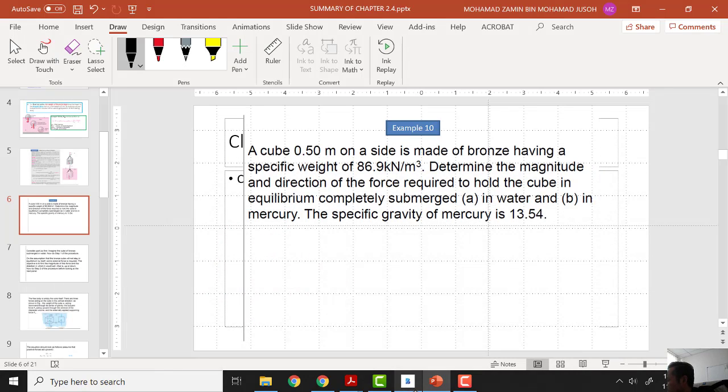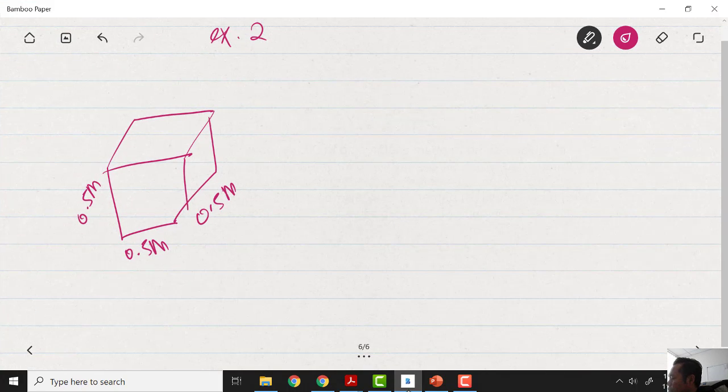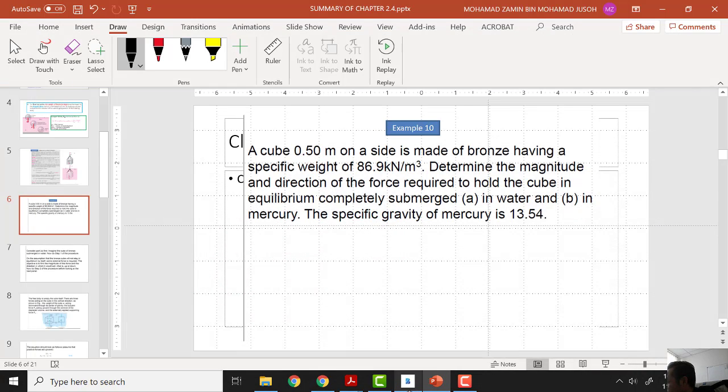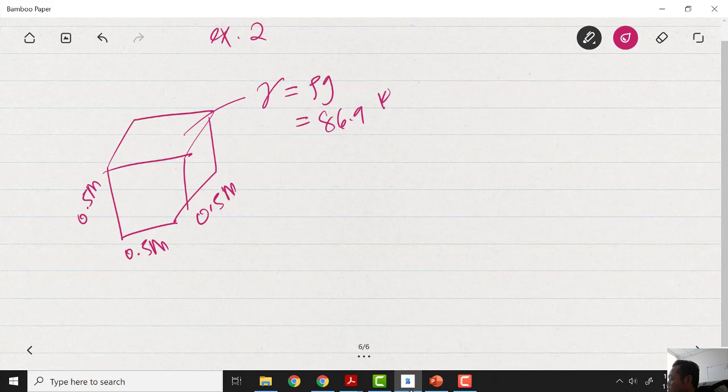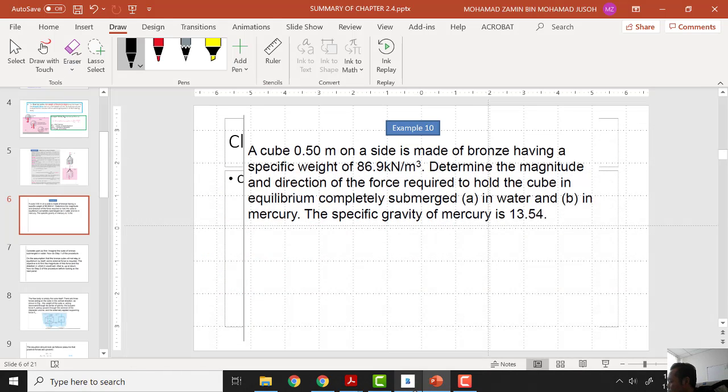The cube has a specific weight, gamma, which equals rho g, is 86.9 kilonewton per meter cubed.